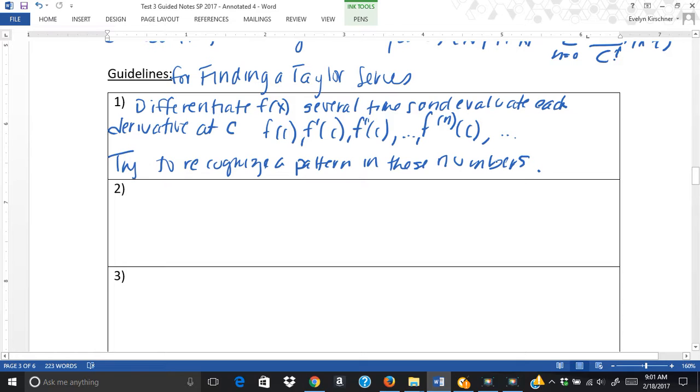After that, we're going to use our sequence developed to form the Taylor coefficients. The sequence is up here, these functions evaluated at c.